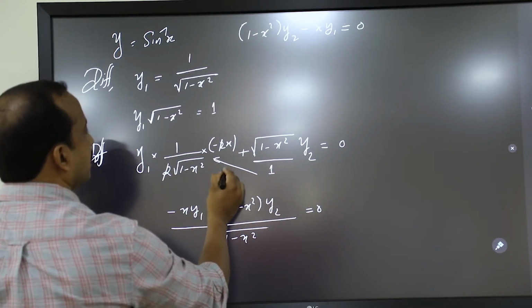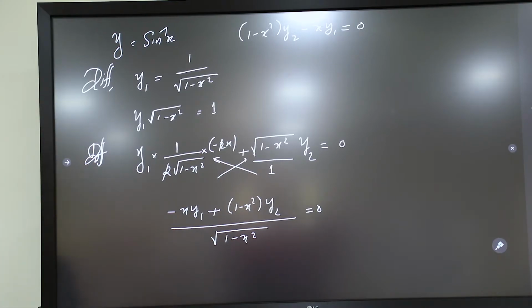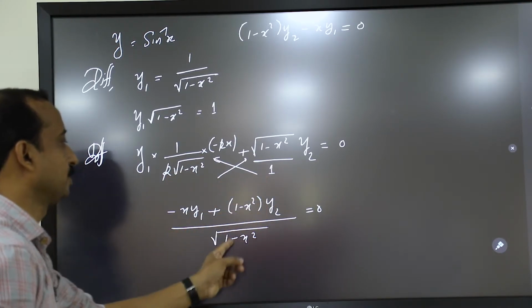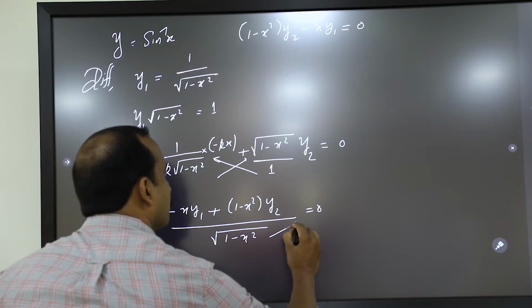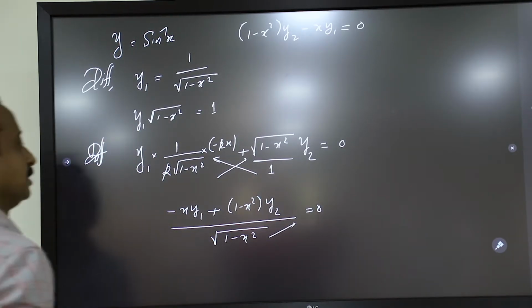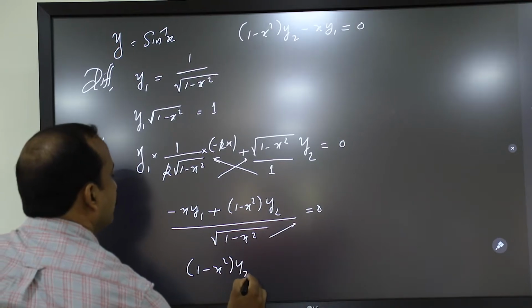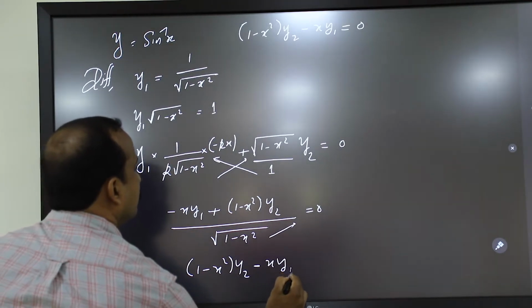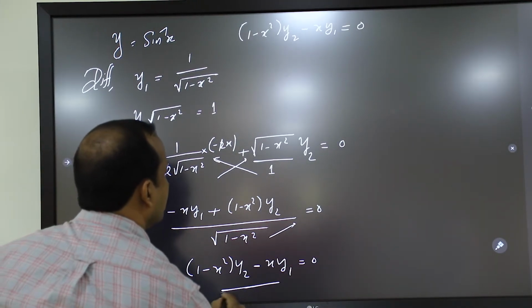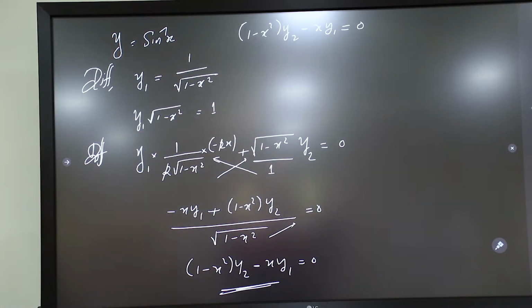Again cross multiply the denominator, and therefore we get the answer 1 minus x square into y2 minus x into y1 is equal to 0. That's all, we proved.